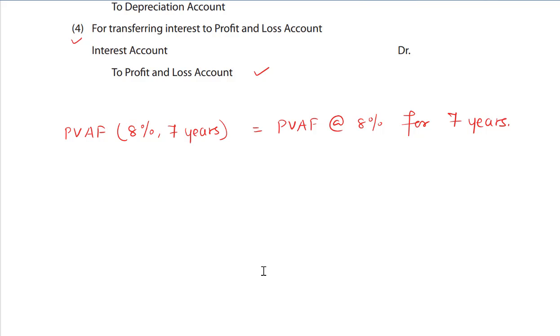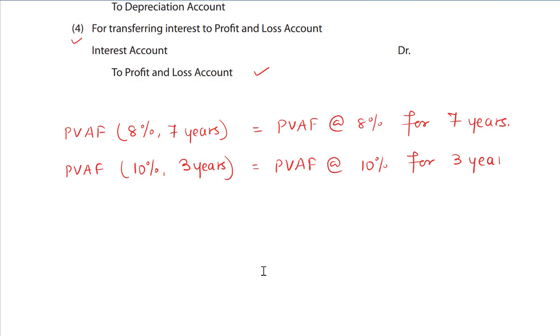Supposing it is PVAF 10% 3 years, this means the present value annuity factor at the rate of 10% for 3 years.